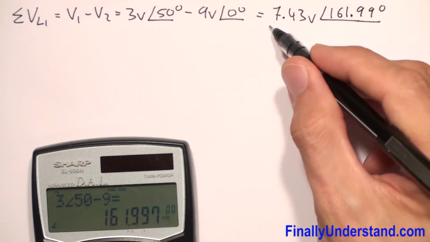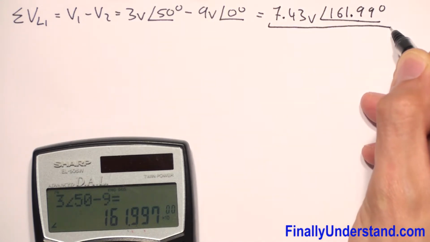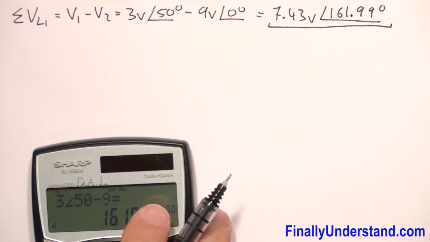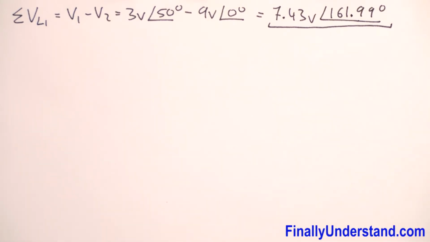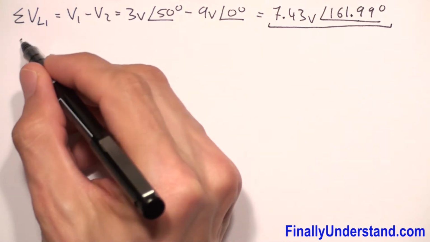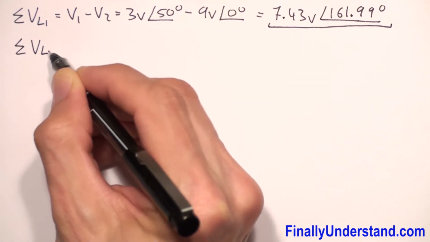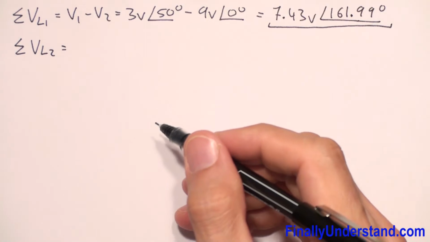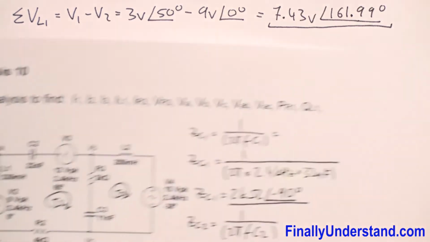Okay, so this is my sum of the voltages in loop 1. Next, we're supposed to find the sum of the voltages in loop 2. Okay, so now we're supposed to look at the voltage sources.